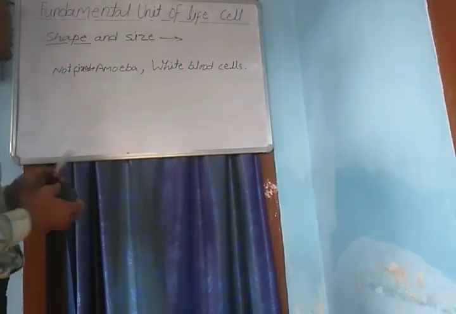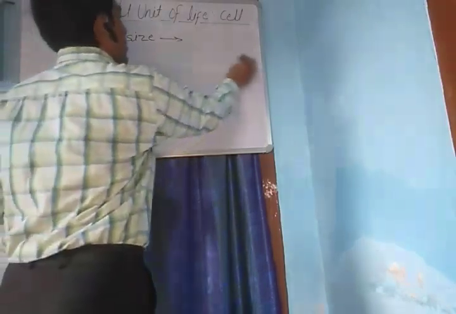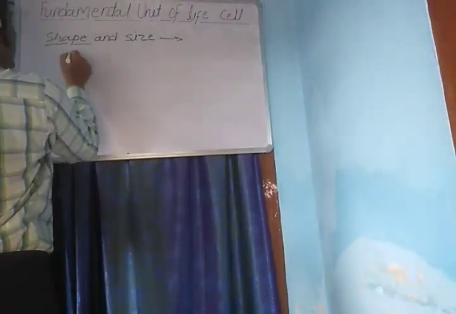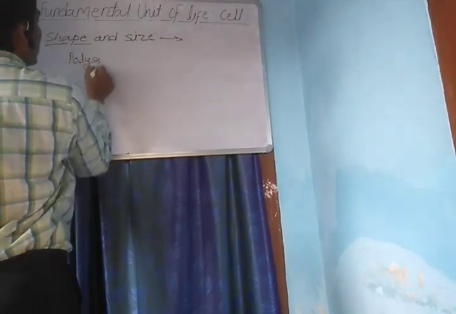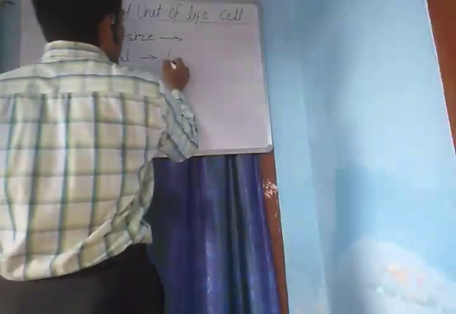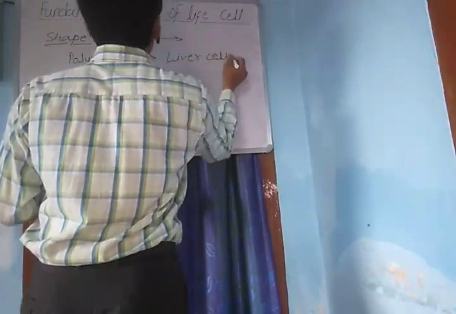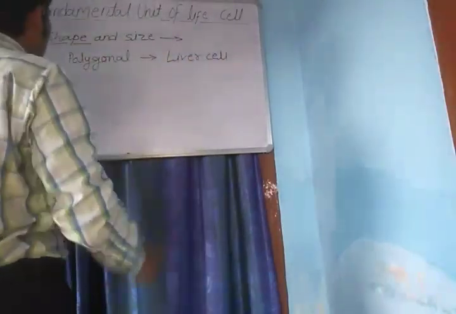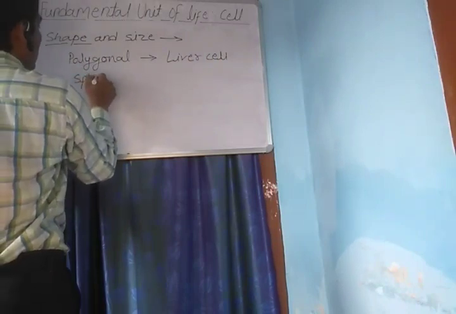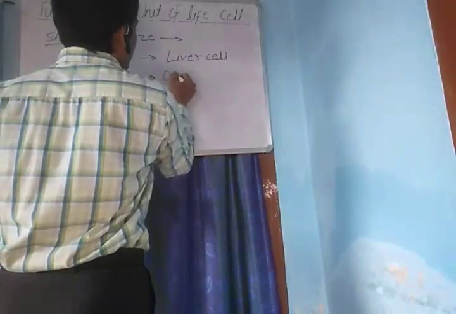If they have a fixed shape, what types of shapes do they have? They can be polygonal, like the liver cell. Also spherical, like that of the ovum.